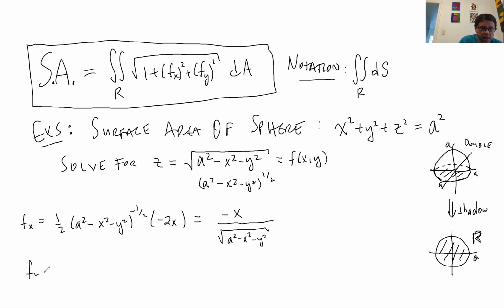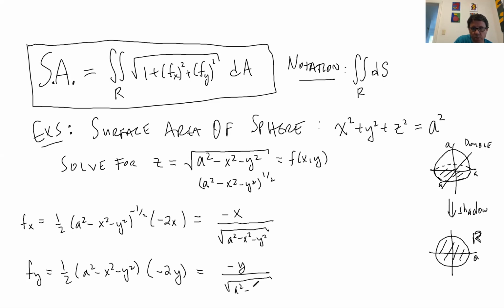And then f sub y will be the same, except 1/2 comes down, a squared minus x squared minus y squared, multiply by the derivative of the inside, and here's the part that changes, we get minus 2y, because now I'm getting a y here. And maybe not too surprisingly, I get negative y over the square root of a squared minus x squared minus y squared. So those are my two partial derivatives that I need to square, add to 1, and then take the square root, and then integrate over the region.